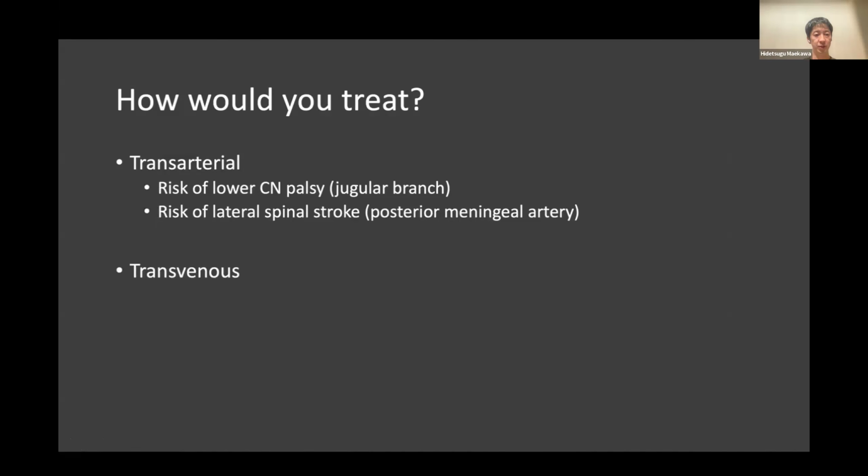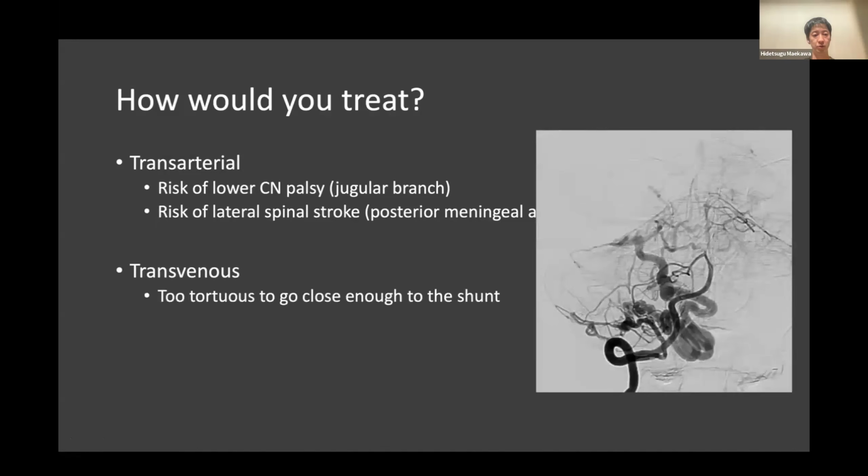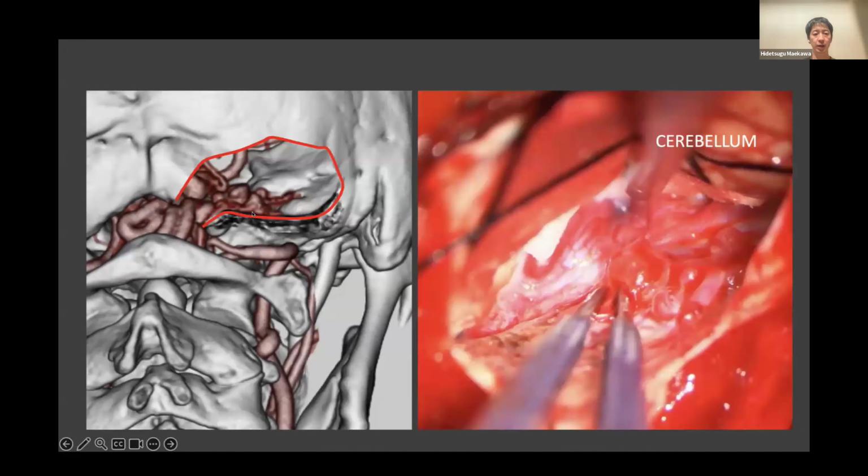And what about transvenous approach? Of course, it's too tortuous to go close enough to the shunt. So I chose surgery, and I made a craniotomy here. I didn't open the foramen magnum because there is a big occipital sinus, and this is what I saw.